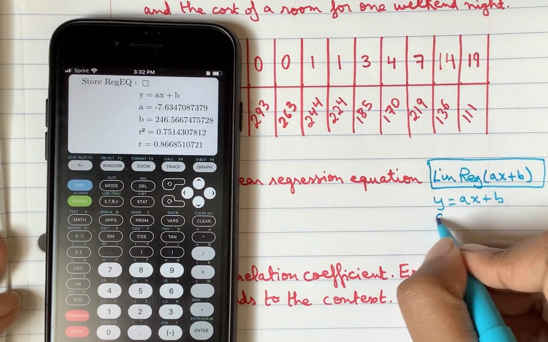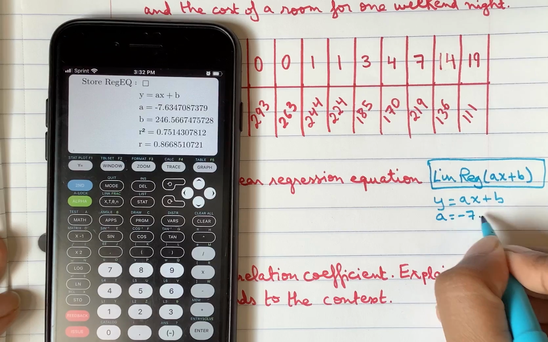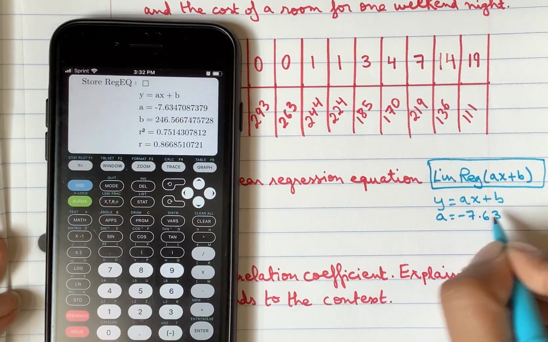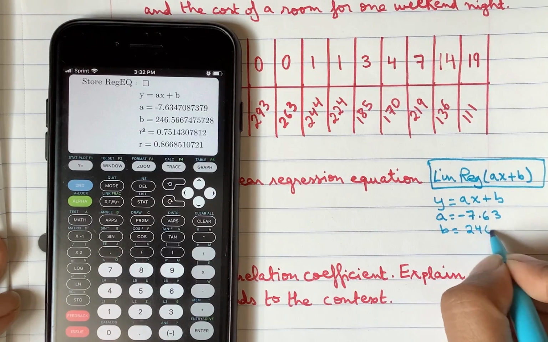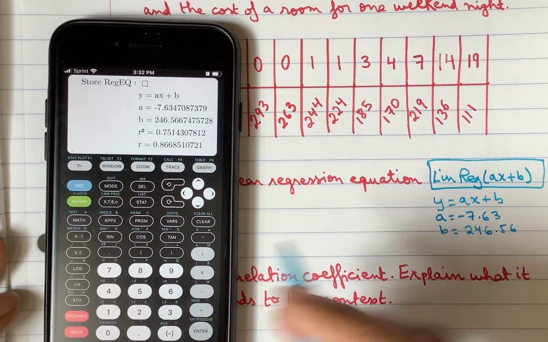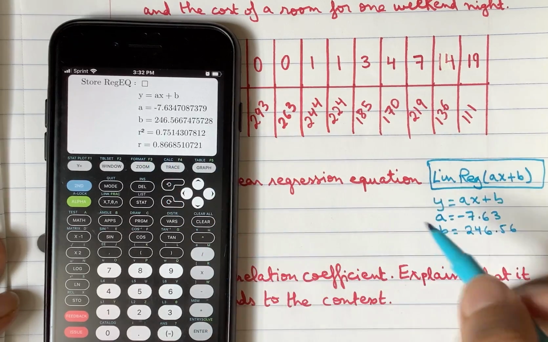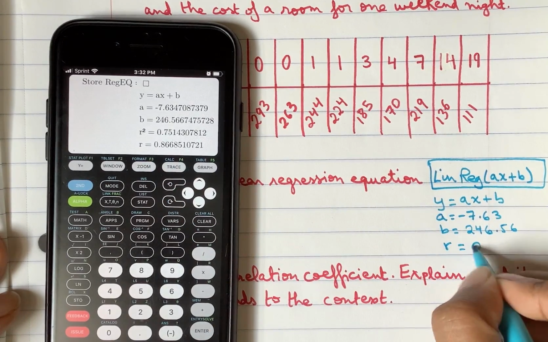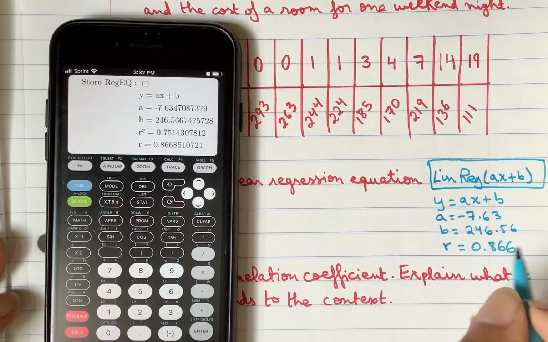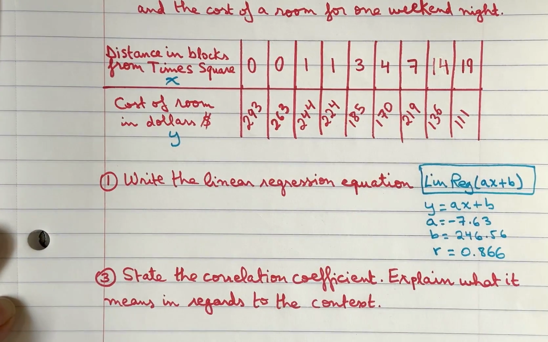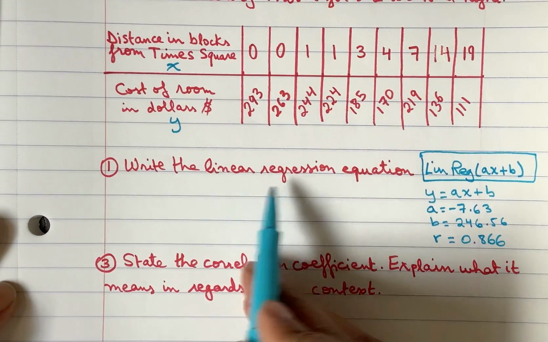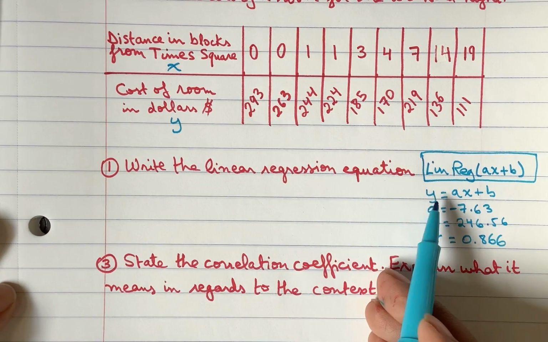I got my a value to be -7.63. My b value was 246.56. And I'll jot down the r as well, which is my correlation coefficient. R equals 0.866. All right, so what we can do now is put the calculator on the side. And well, we need the linear regression equation, which is y equals ax plus b.